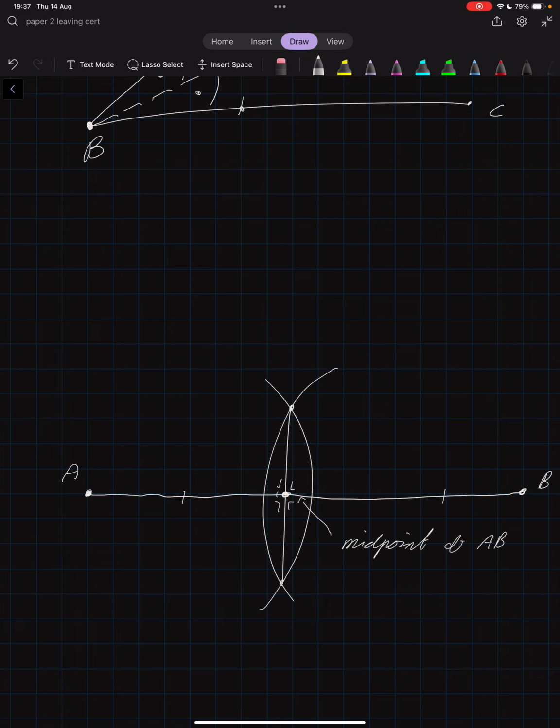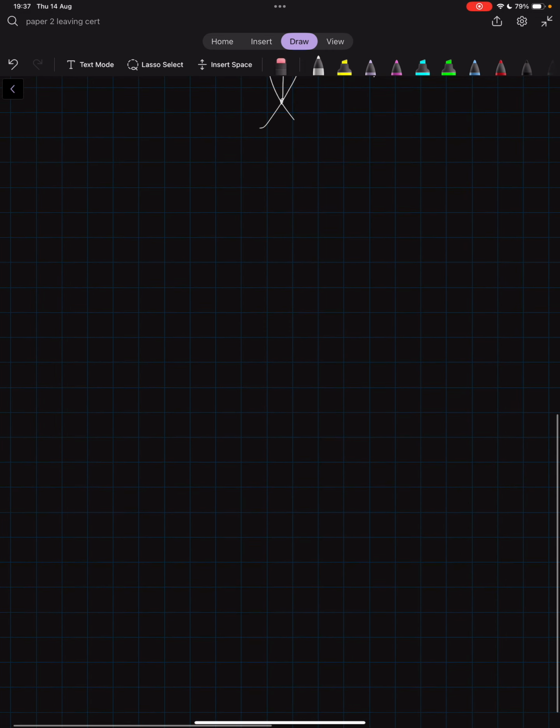All right, the next thing that's important, I think that's kind of, okay, yes, there's another one. The next one you want to do is basically cutting a line segment into 3 or 4 equal parts.